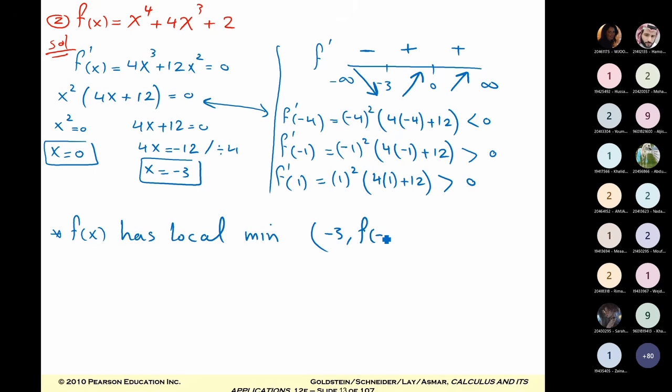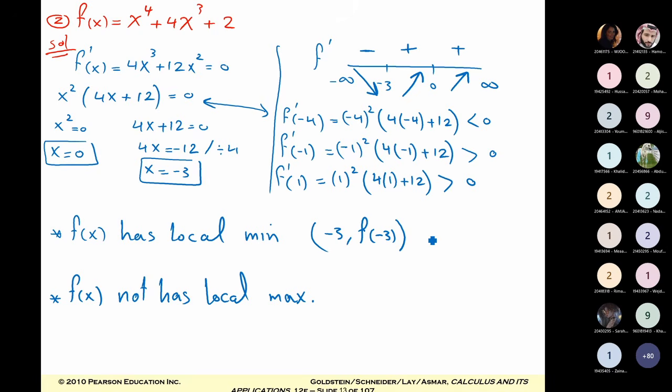And f of x has local maximum? No, f of x does not have a local maximum. It just has a local minimum.